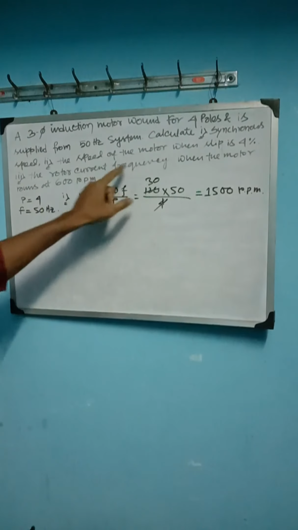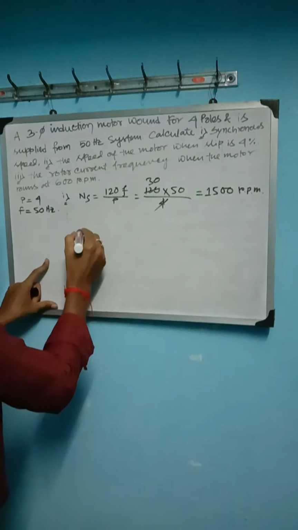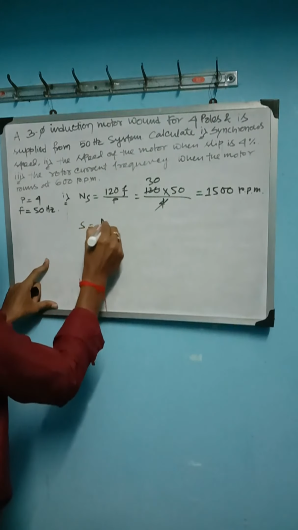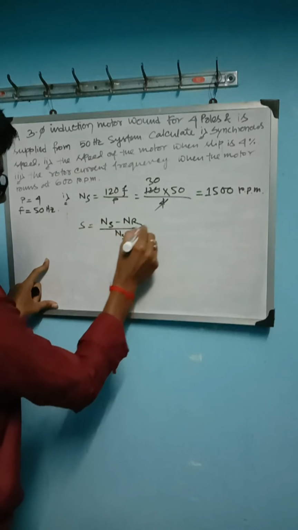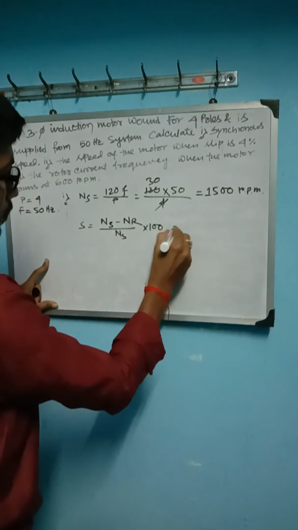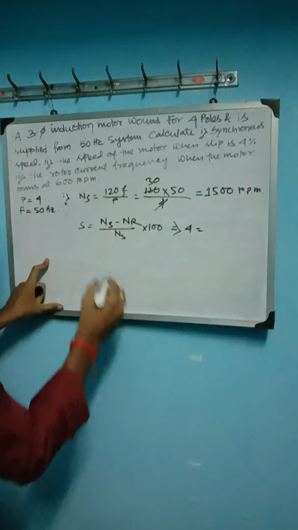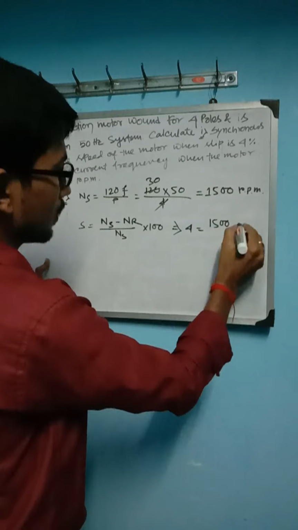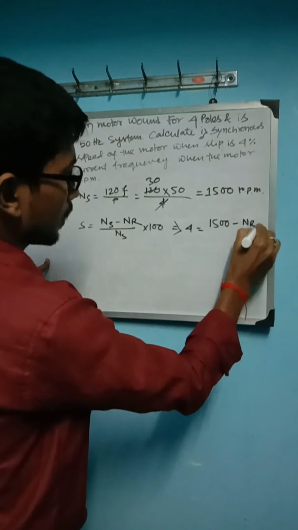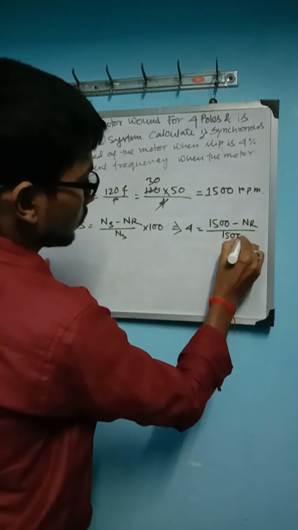Now, the speed of the motor when slip is 4%. So here the slip is 4%, and Ns is 1500, and we don't know the value of Nr.